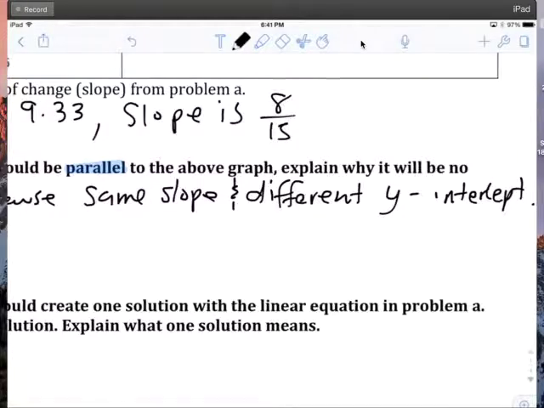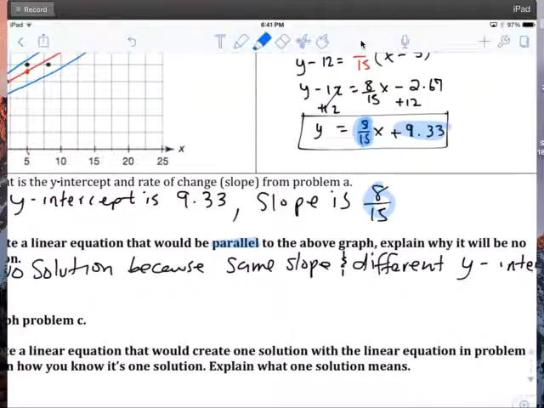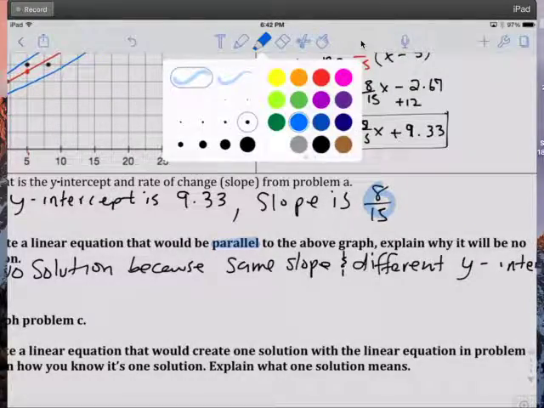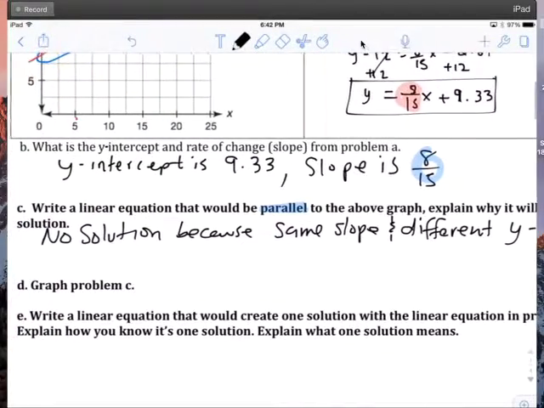Okay, so I can write an equation as long as the slope right here is the same. The slope here, make sure it's the same, so I have to use that.